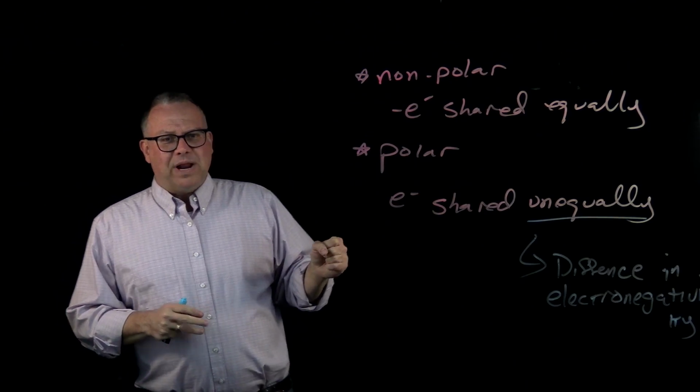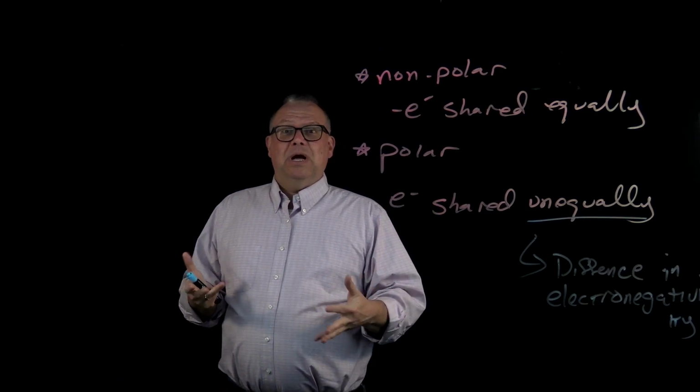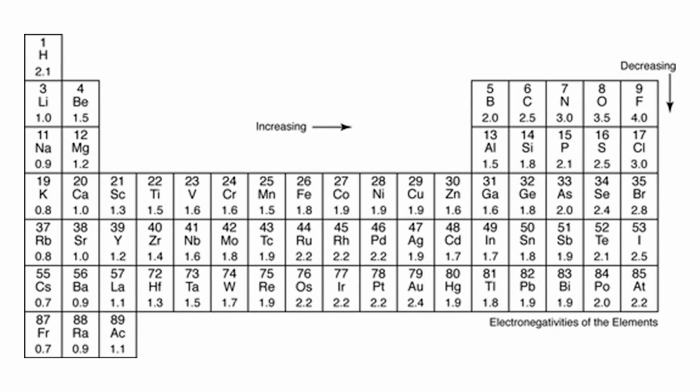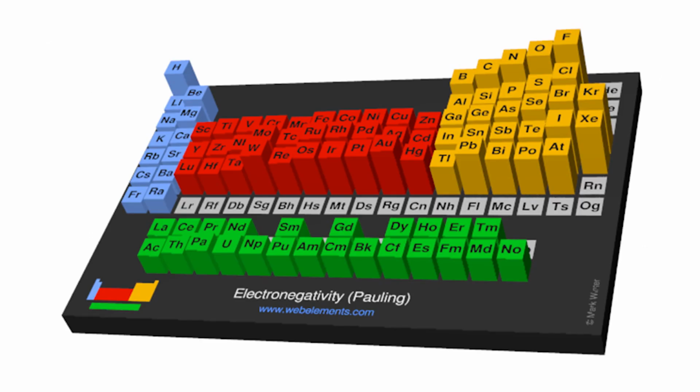So what I would do right now is show you this wonderful diagram of the periodic table with the electronegativity values shown as numbers. And here you can see some of the different numerical values associated with different elements. And this other diagram, which I really like a lot, has a third axis.